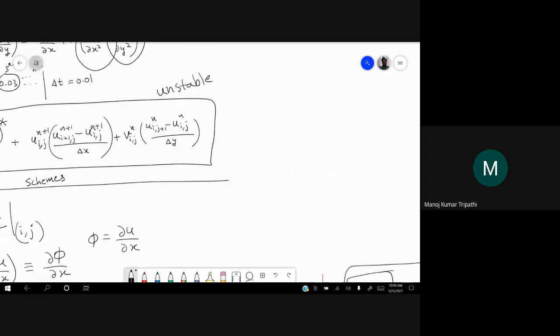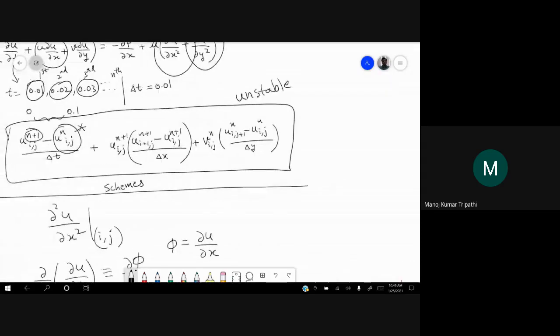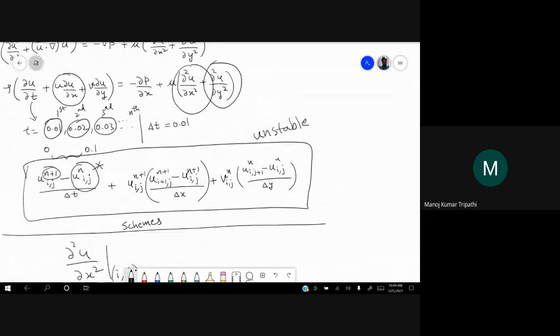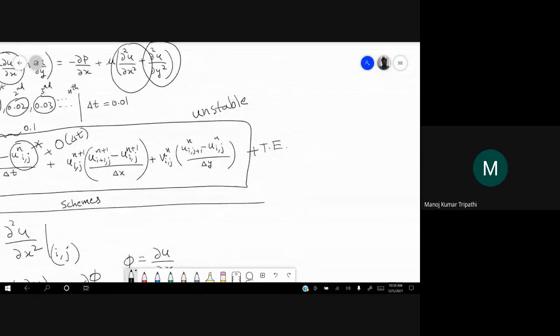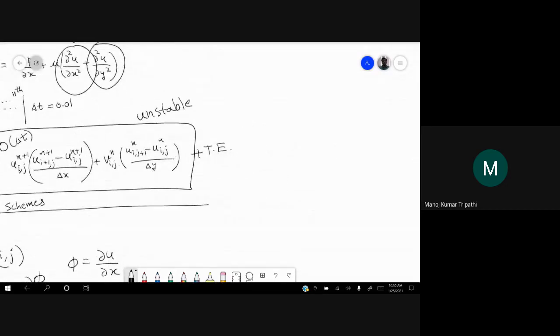What that means is that this is not the actual equation. There is some truncation error here, which comes from all these terms. For some it is order delta x square, for some it is order delta x, or order delta t in the first term. These errors can grow up in time.